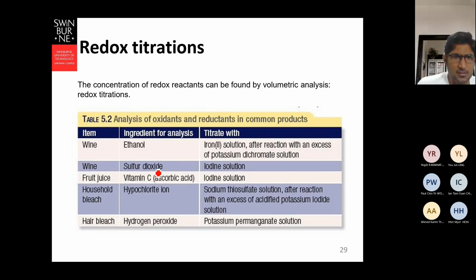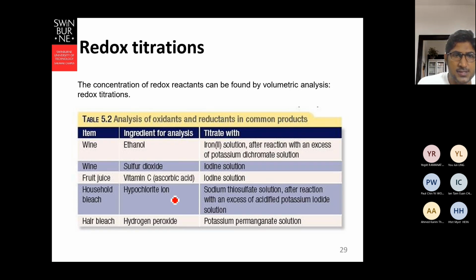So ethanol and then sulfur dioxide in wine, fruit juice, vitamin C can also be quantified using this redox titration analysis, and bleach, hypochlorite ion, we have seen already yesterday. Also hair bleach. Sometimes we know our students also do a lot of bleaching. No, not every day. For the hair, they do a lot of bleaching.